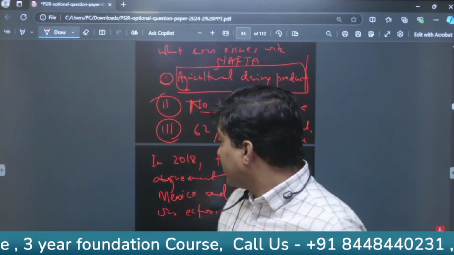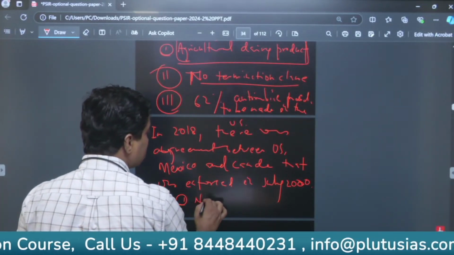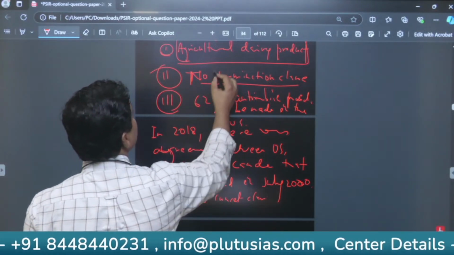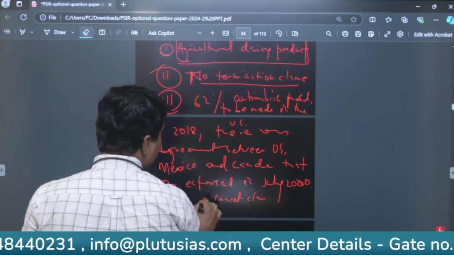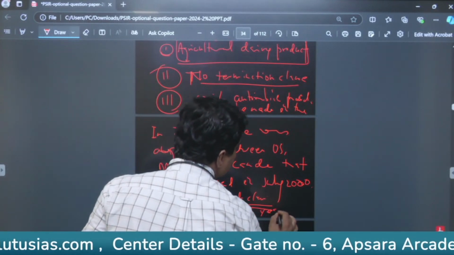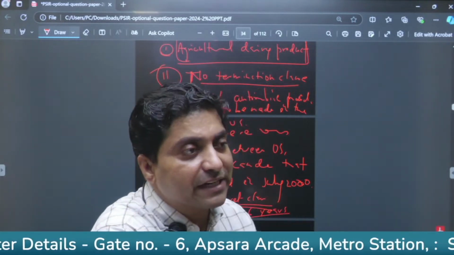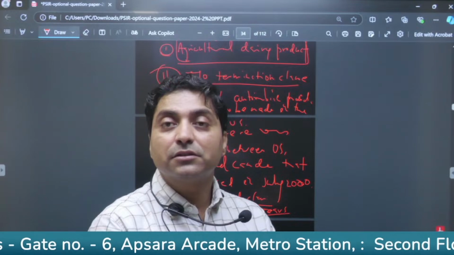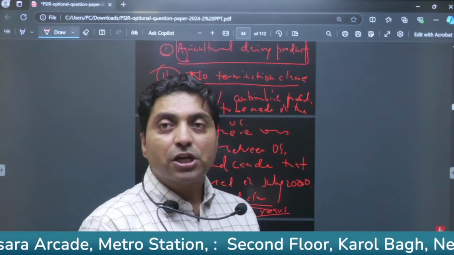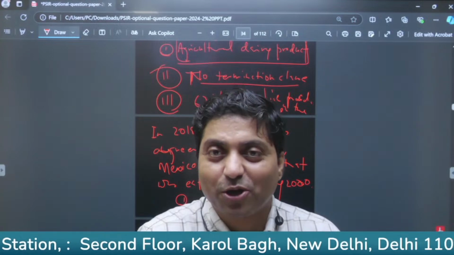Earlier there was no sunset clause. In the new agreement there is a sunset clause, with a 16-year termination period. It is a legal provision to terminate the agreement, and then there will be a new agreement, a review of the agreement, right? So with this I will end the analysis, and the rest I will do later on. Thank you so much.